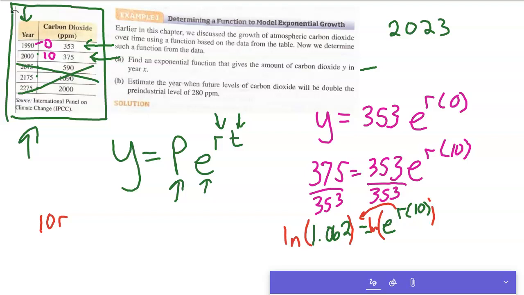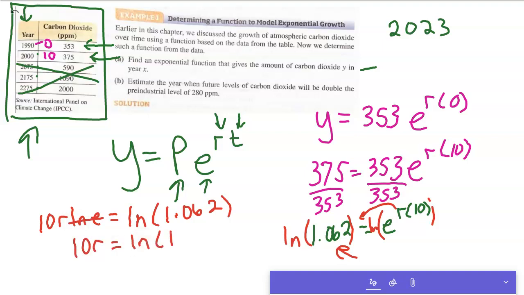So we would have 10r ln of e equals ln of 1.062, where I flipped the sides. If you plug ln of e into a calculator, it's 1, so that's gone. So you'd have 10r equals ln of 1.062.